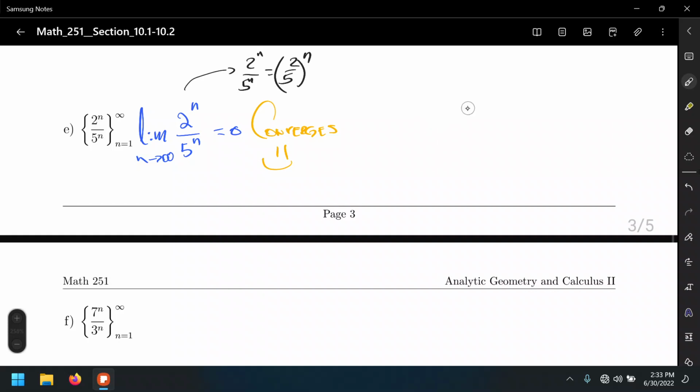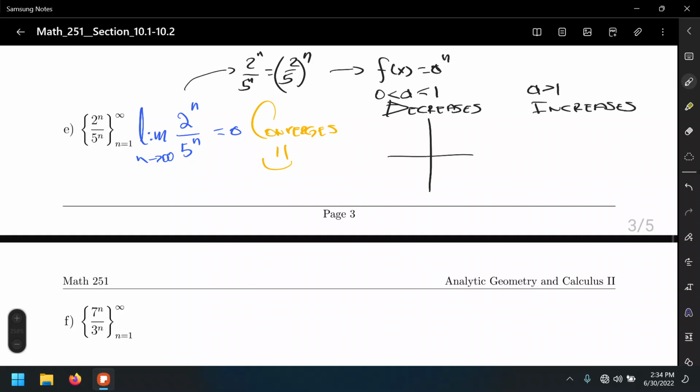This is some sort of exponential function, f of x equals a to the n, where for a between 0 and 1, it's decreasing, but if a is greater than 1, it increases.